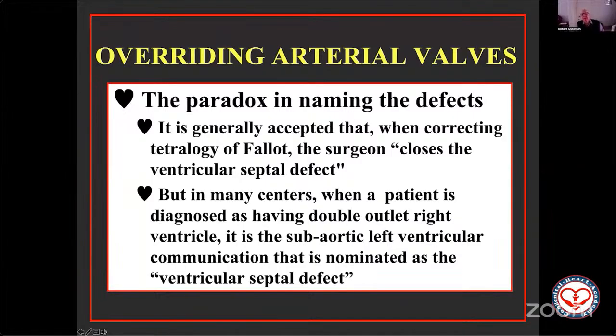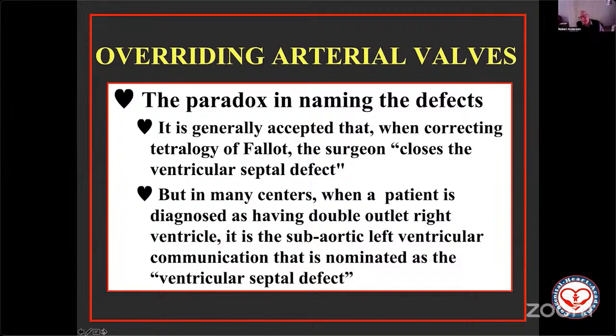Because in many centers, probably including your own, when you diagnose a patient as having double outlet right ventricle, nowadays it's that subaortic left ventricular communication that is nominated as the ventricular septal defect. And I hope you will agree that it would be a disaster, as we've already discussed, for the surgeon to try to close that subaortic left ventricular communication.